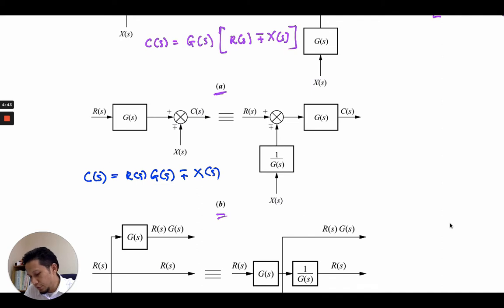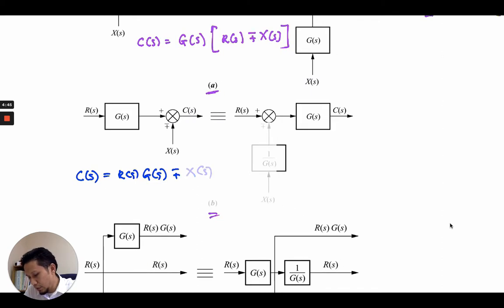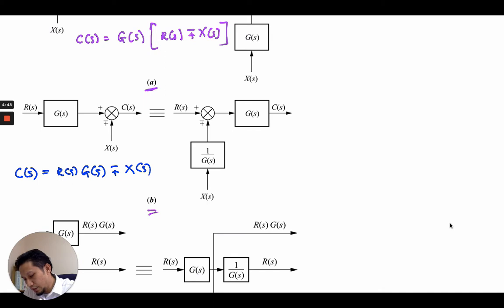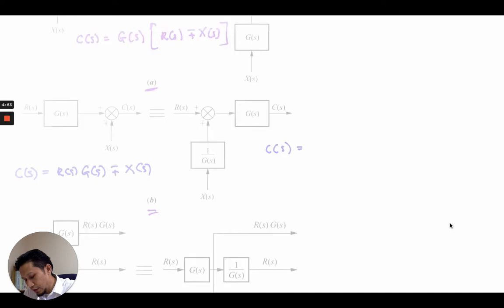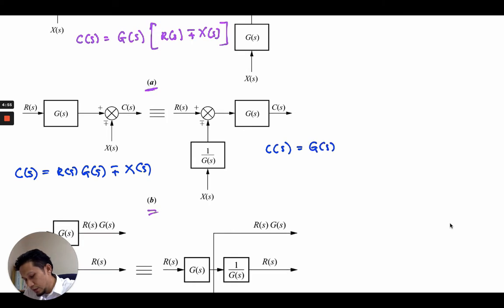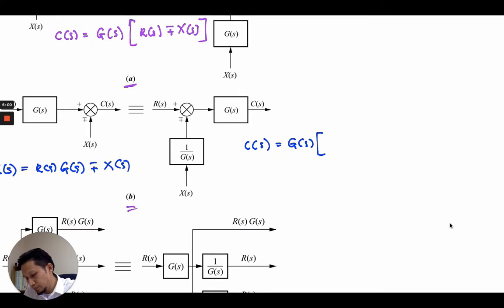Now let's try the right hand side blocks. Over here, C(s) is actually G(s) times R(s) minus plus X(s) over G(s).